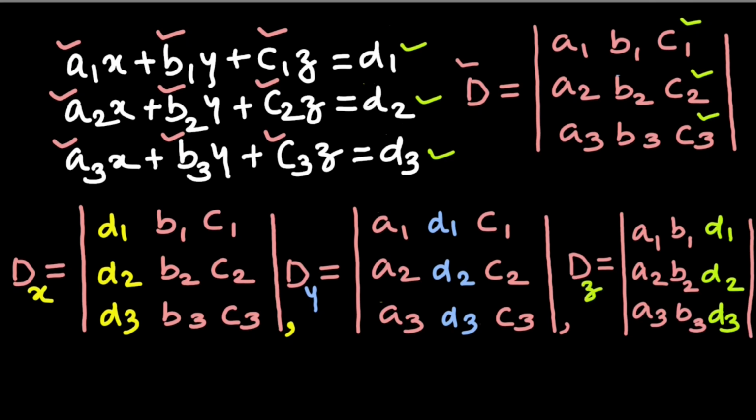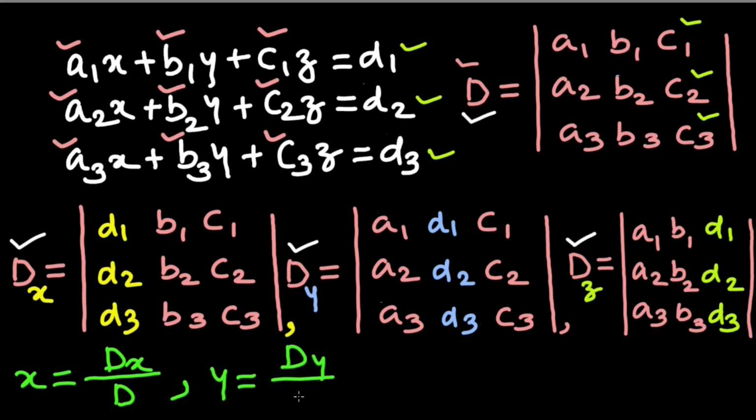Now that we have the determinants D, Dx, Dy and Dz, according to Cramer's rule, we write the value of x as Dx by D, value of y as Dy by D, and value of z as Dz by D. So this is how we can solve linear equations in three variables x, y, z by using Cramer's rule.